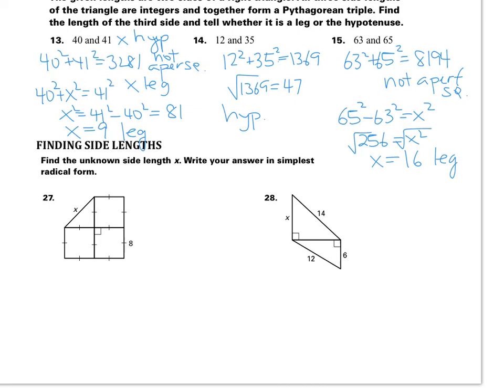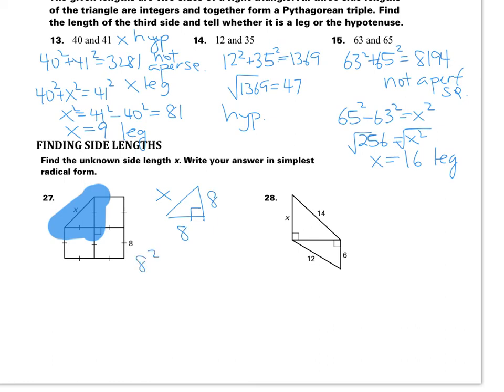And then we have some a little bit more complex figures. I'm just going to pull out this piece up here. And I know there's a right angle there. And since all those pieces are the same, these two would be 8s.